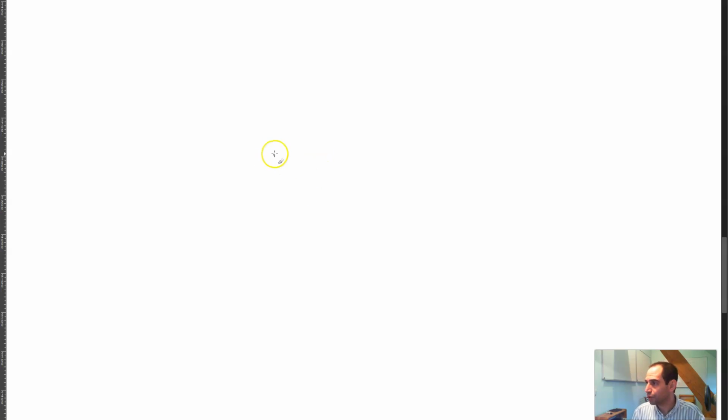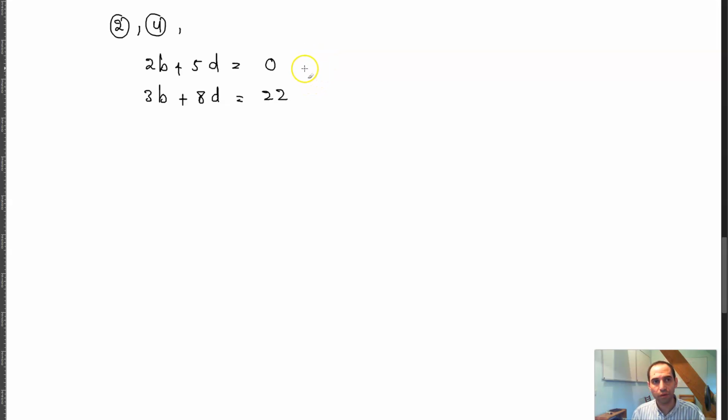And so equations number 2 and 4, we have basically 2b plus 5d is equal to 0, and 3b plus 8d is equal to 22. This is number 2 and this is number 4.